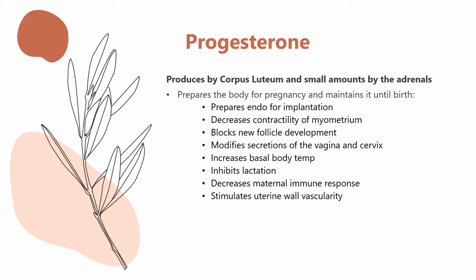It also decreases contractility of the myometrium, which means if a fertilized egg is trying to embed itself, you wouldn't want the myometrium contracting, which could lead to a spontaneous abortion. It also is going to block new follicular development, so you don't continue to develop follicles during a pregnancy.